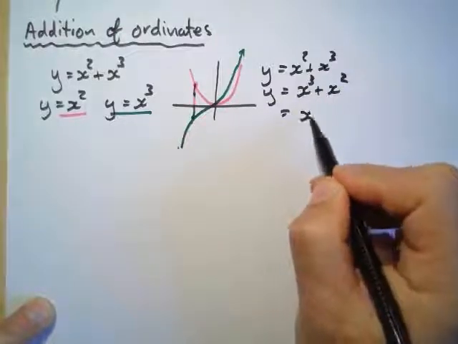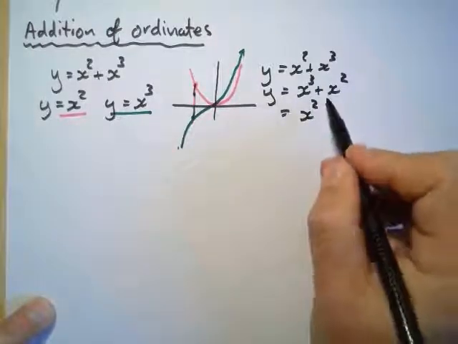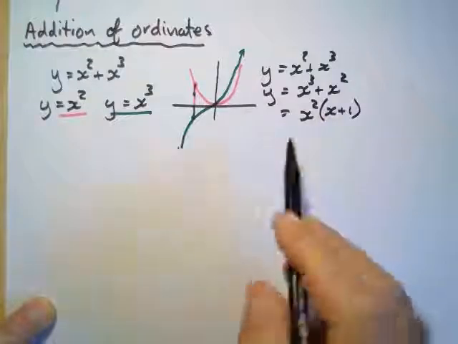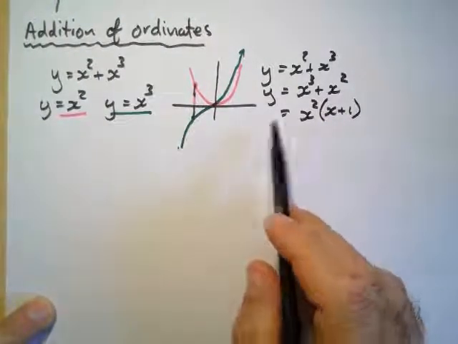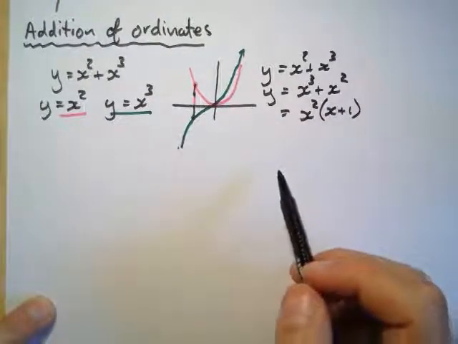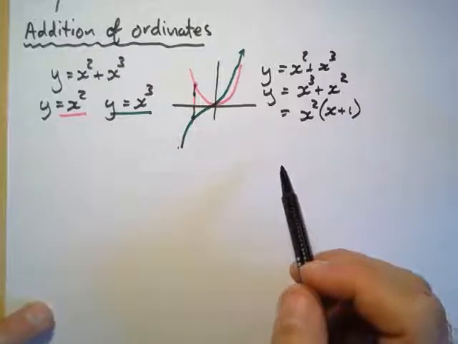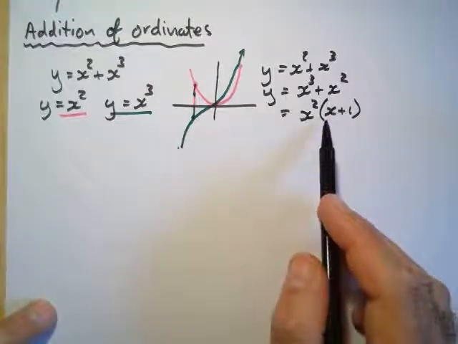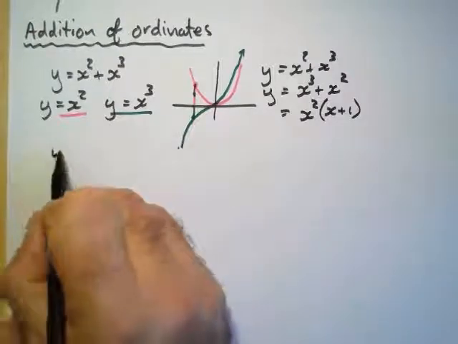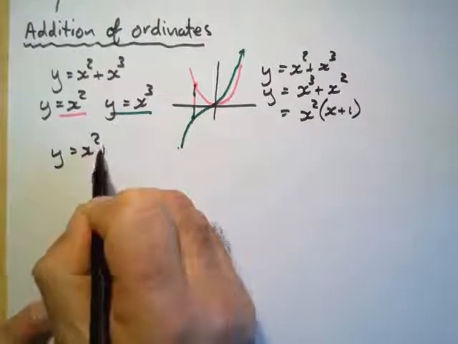I can take out x squared as a common factor, I'm left with x plus 1, and therefore I can draw this graph using my normal equation, or using translation.